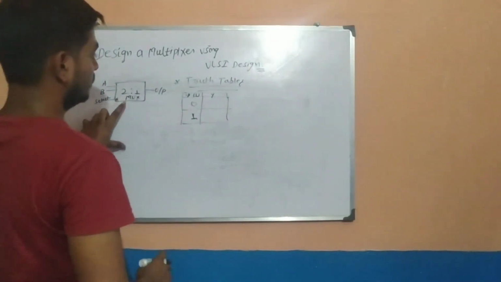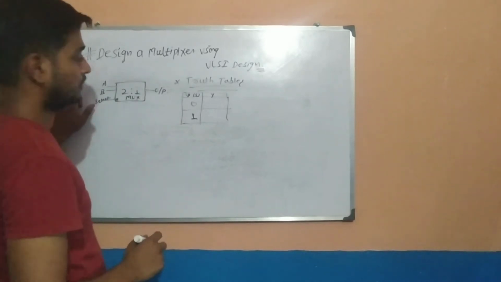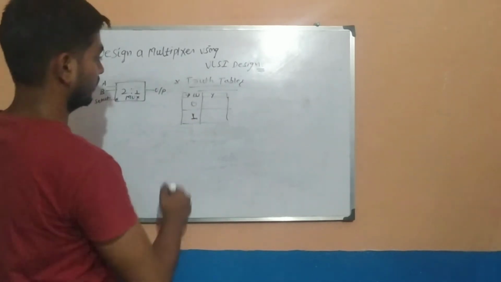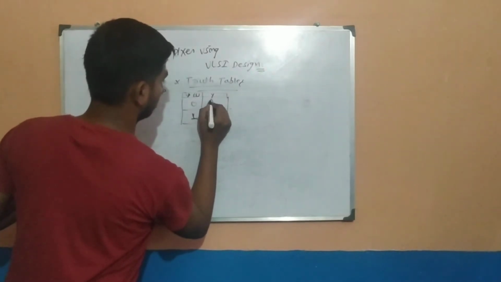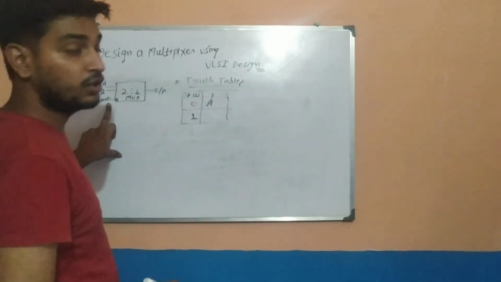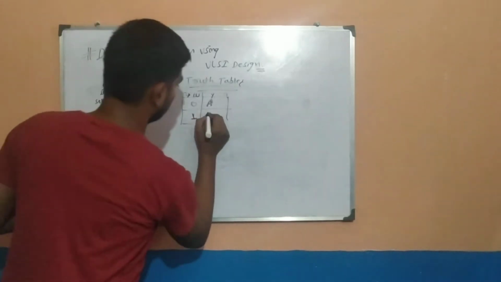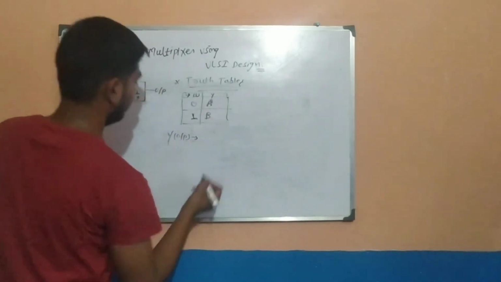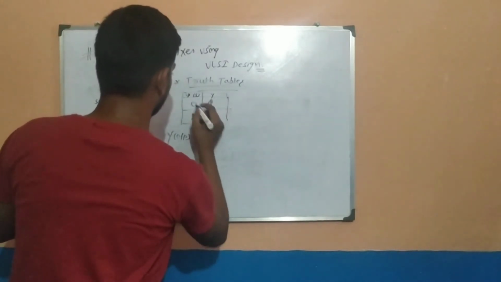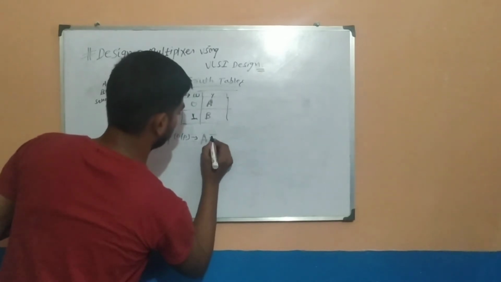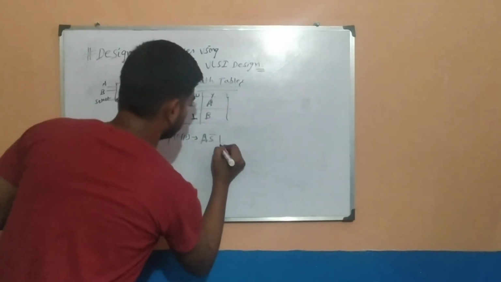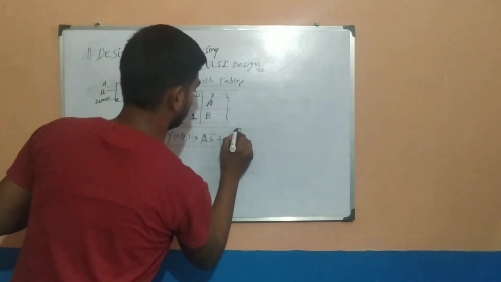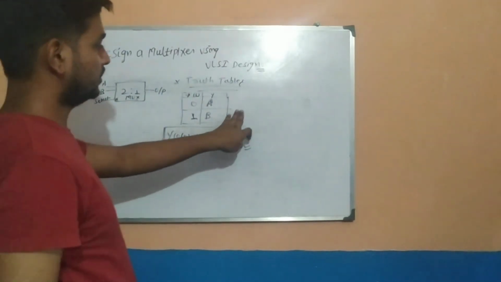So this is 2:1. If I take selector 0, then the output is A. If I take the selector input as 1, then the output is B. So our Boolean expression is, Y, the output, is A S dash plus B S. This is the Boolean expression of this truth table.